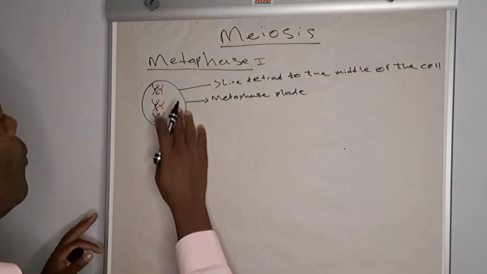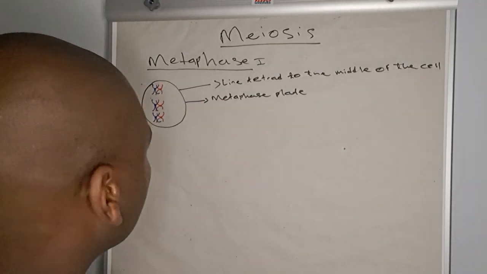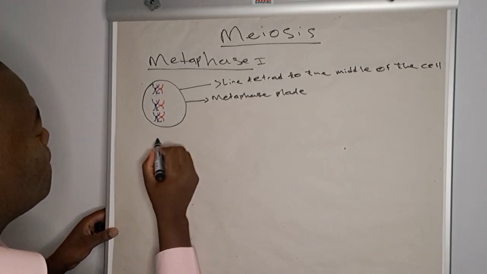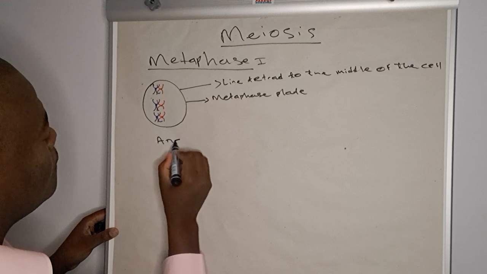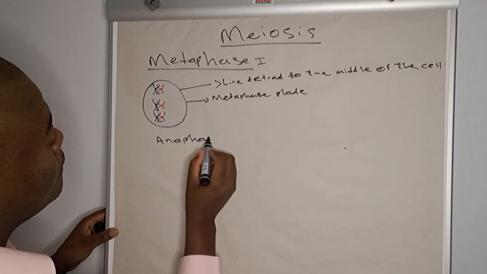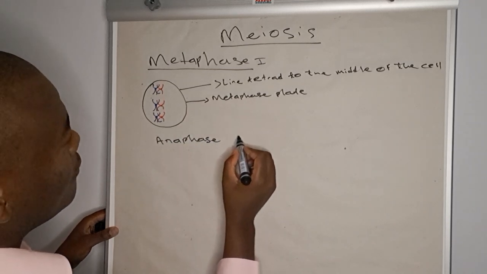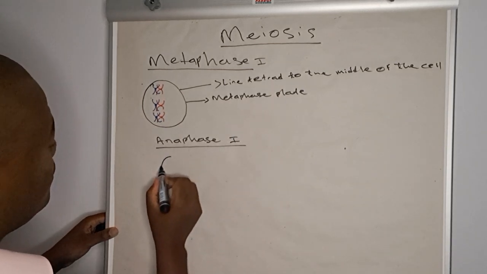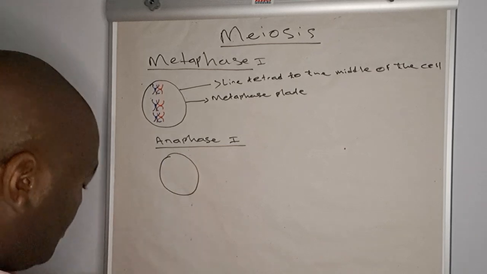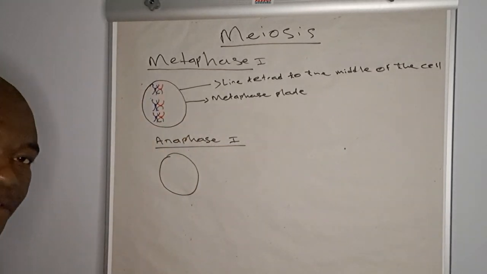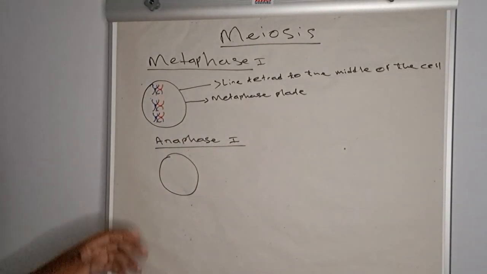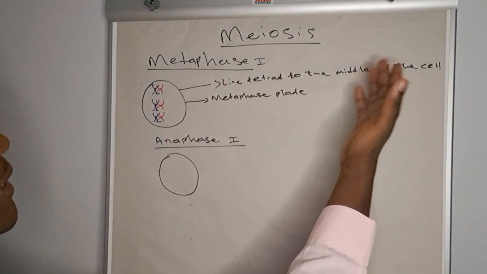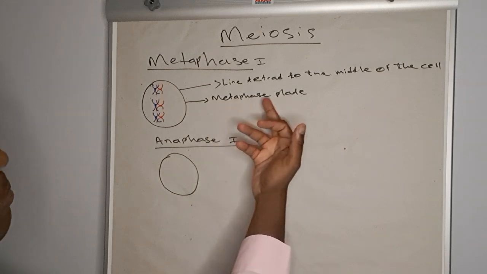Now, we have passed this particular stage, we go into what we call anaphase. Anaphase 1 also. In anaphase 1, what is it that is happening? We understand that metaphase lands tetrad in the middle of the cell, we call that metaphase plate.